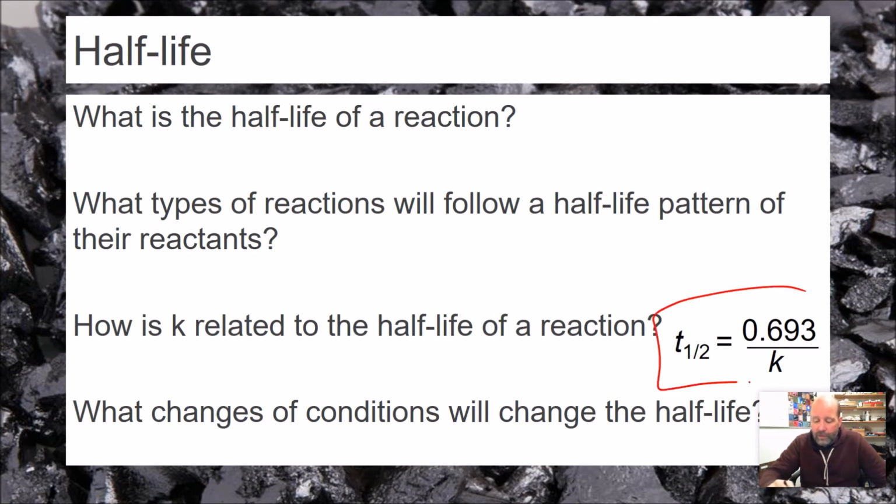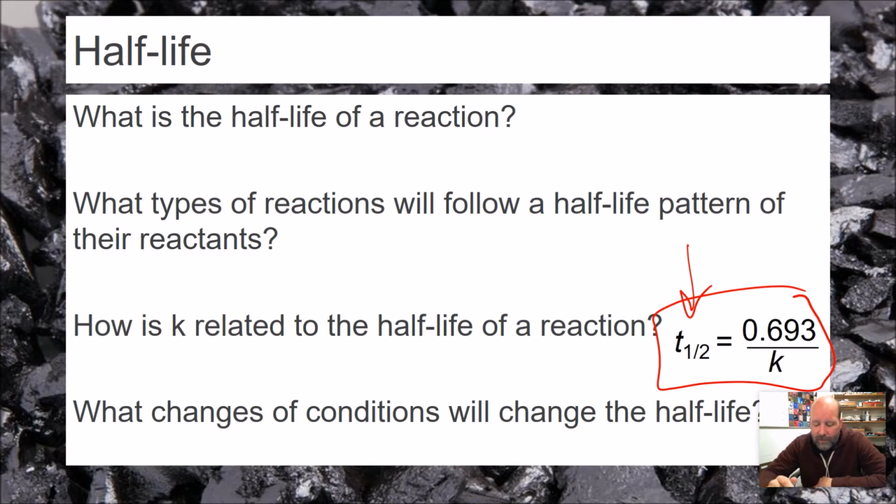So this is our equation, and this is right off your equation sheet. It's just like this on your equation sheet. The half-life, the amount of time it takes for half of this reactant to go away, is equal to 0.693 over K. So you can find K if you have the half-life. You can find the half-life if you have K.